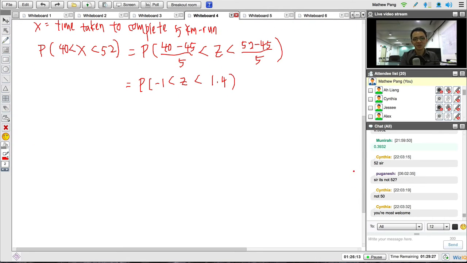Alright, this is more interesting than just now because you've got a negative and a positive value at the same time. So I just draw the bell-shaped diagram. Let me draw it over here, then I can explain later. This is 0. Negative 1, I randomly draw a line here and call it negative 1. And then 1.4, I roughly draw here.